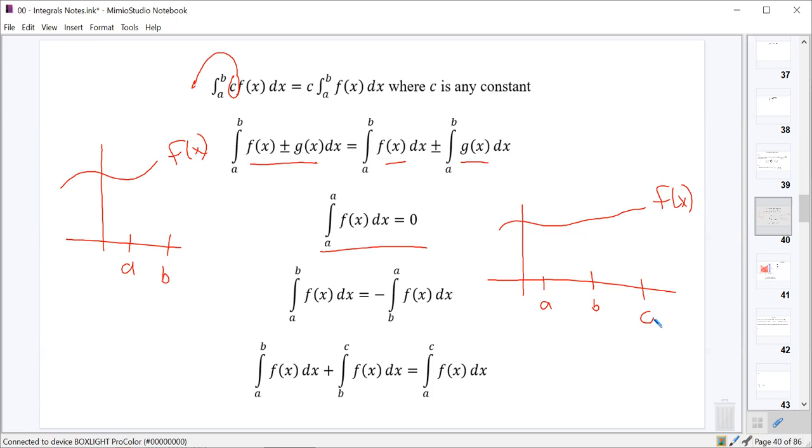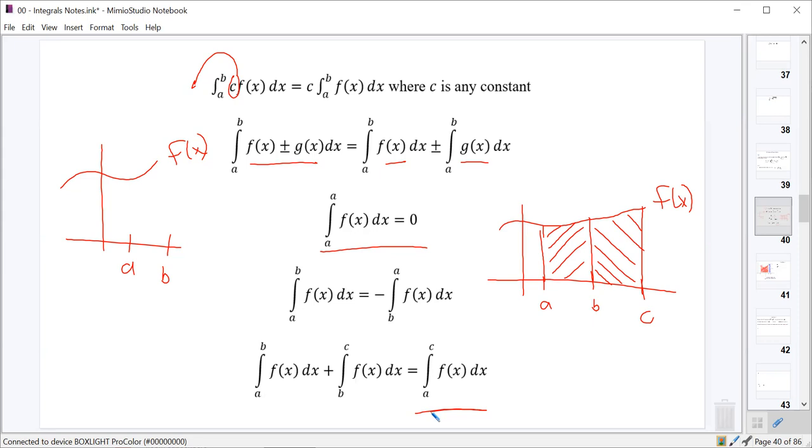Well, if I have the integral from a to b, this right here, and if I have the integral from b to c, this right here, well, if I add those together, I ought to get the integral from a to c of f of x dx. And likewise, we could take the whole thing from a to c and subtract one of these two pieces to get the other piece. So we're going to utilize a couple of these rules today as we do the proofs.